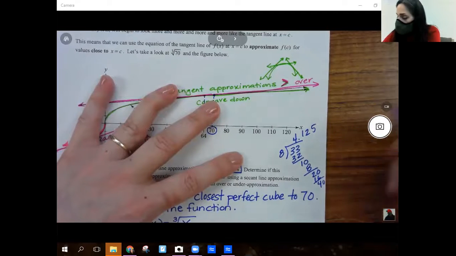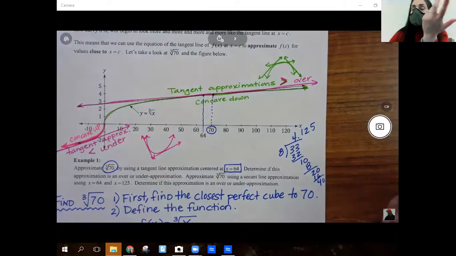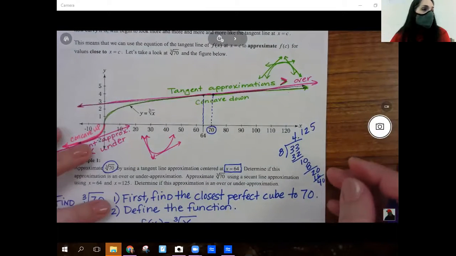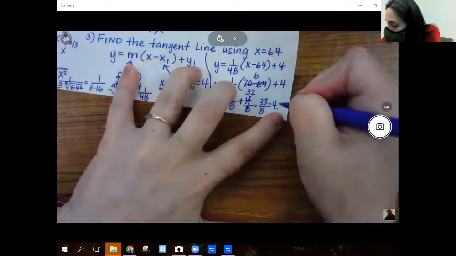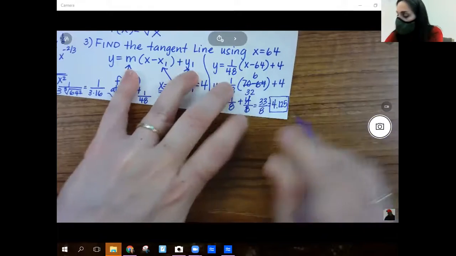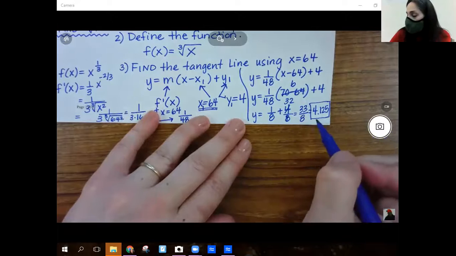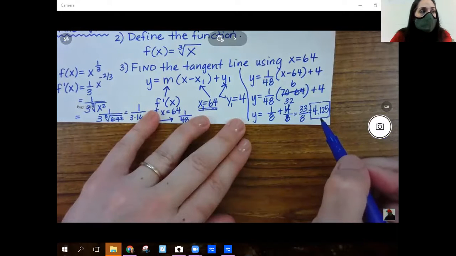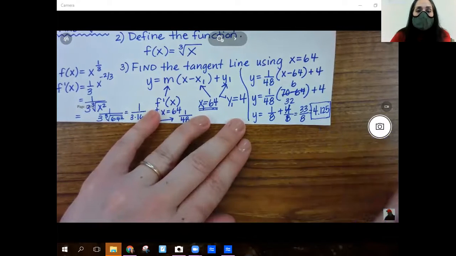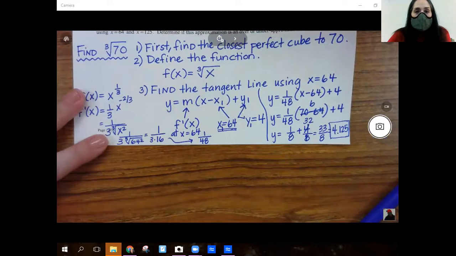Remember long division? There you go. 4.125. I should have known that. 1/8 is the same as 0.125. So 4.125. So the square root of 70, I'm sorry, not square root, the cube root of 70 should be extremely close to 4.125.